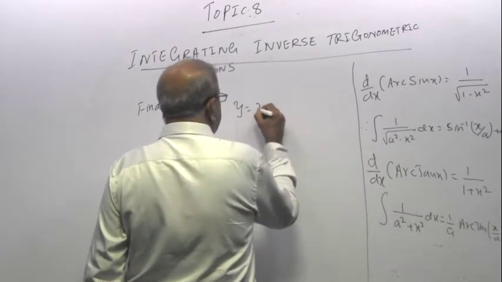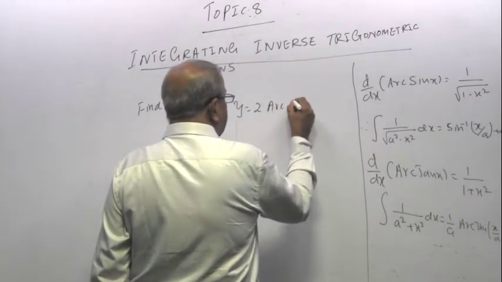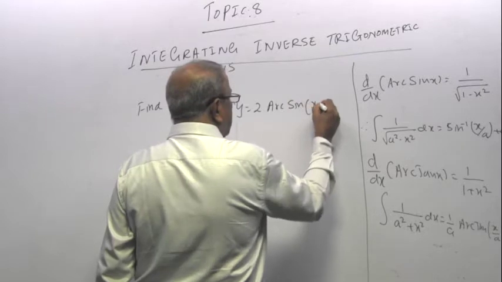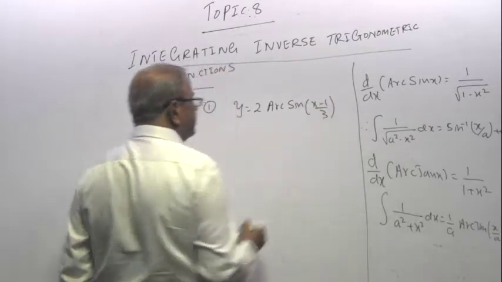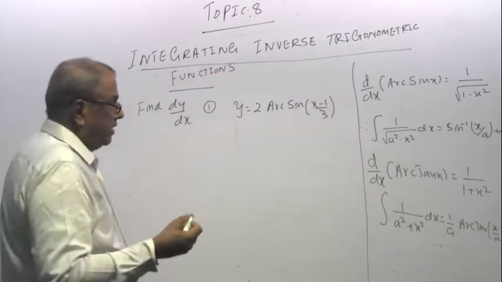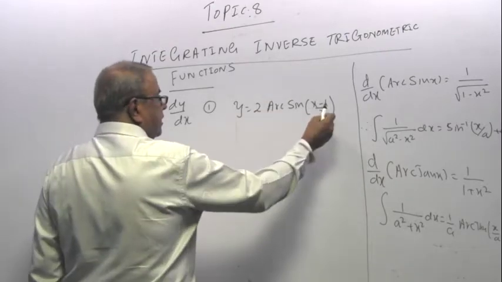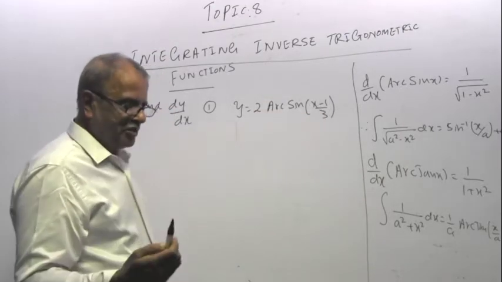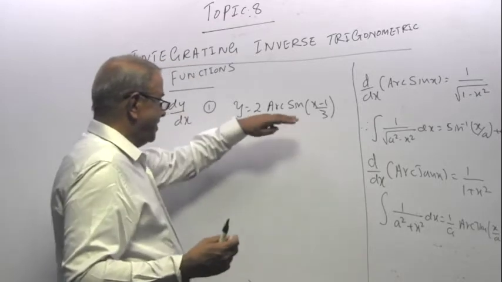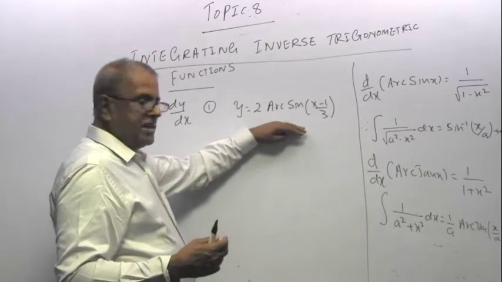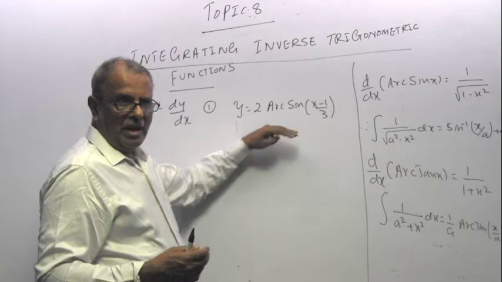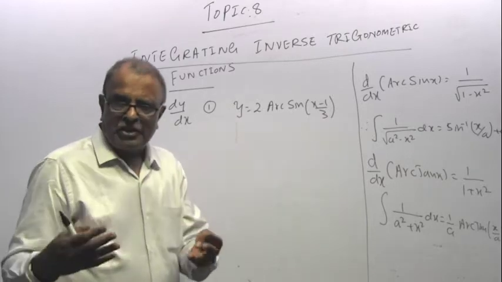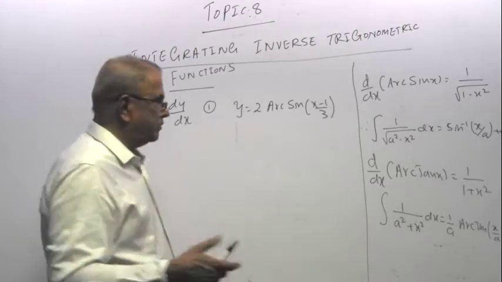y equals 2 arc sine of (x minus 1) over 3. To differentiate this, I'm using function of a function, or onion rule, or chain rule.